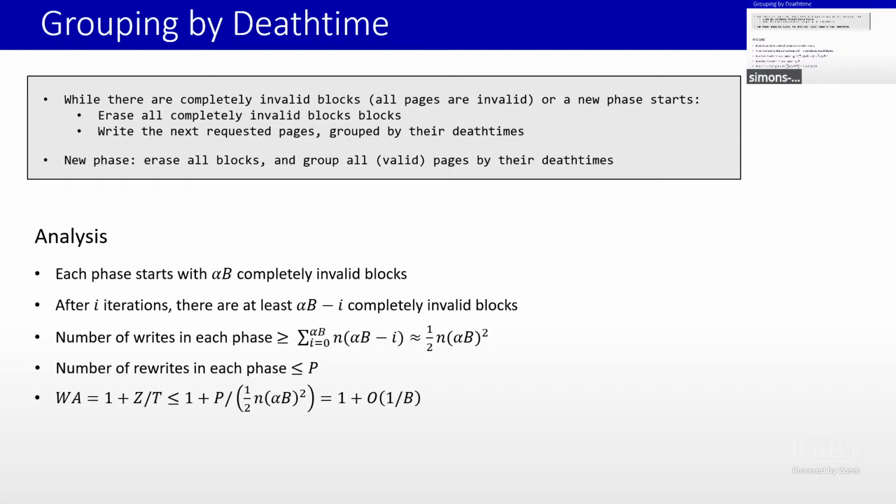What about the number of rewrites? Remember that during the execution of the while loop, I'm only cleaning blocks that are invalid, so no rewrites are incurred. So the only rewrites are when we move to a new phase, and the number of rewrites is at most p, the number of valid pages. So we get that the write amplification is 1 plus O of 1 over B.